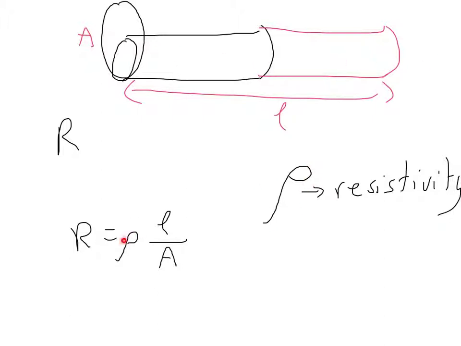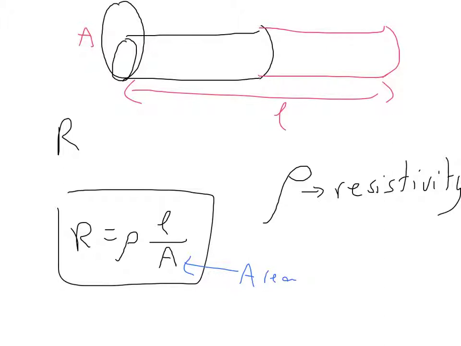So of course, the higher the resistivity, the higher the resistance. And here we have the formula for the resistance in terms of these three things: the resistivity, the length, and the area. Let me just add little arrows here so this is the area, this is the length, and this is the resistivity. Yep. All right.